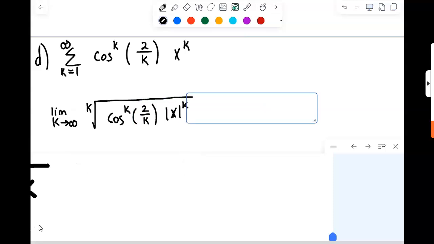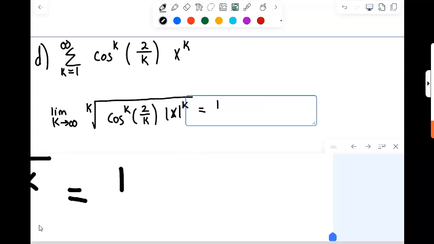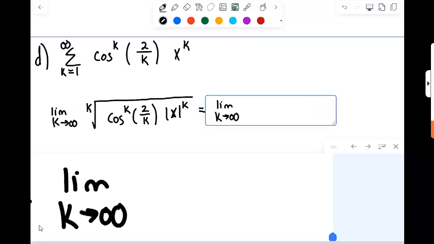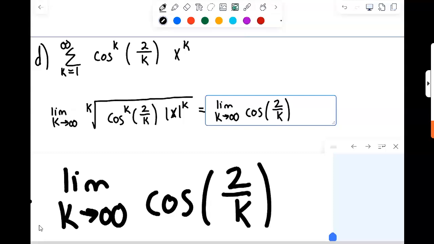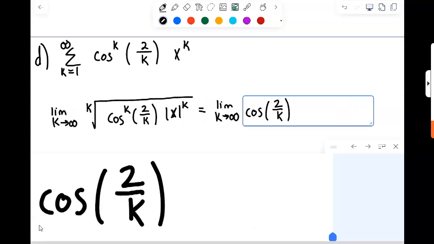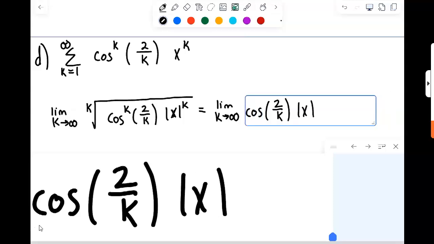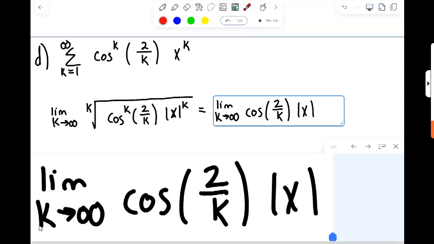Okay. So we apply that, and we'll have limit as k goes to infinity of cosine of 2 over k, and then absolute value of x. And now we evaluate that, because as k goes to infinity, we know that 2 over k is going to go to 0. So we can distribute the limit through.